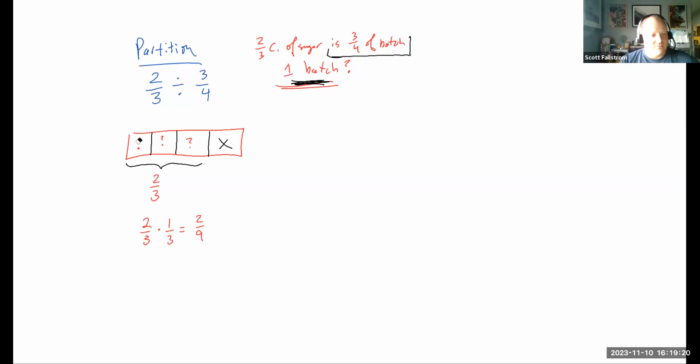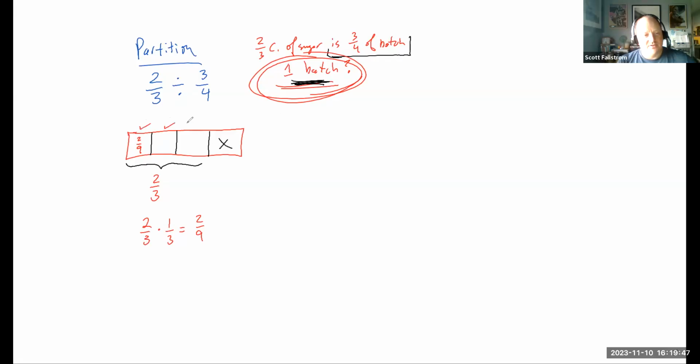Okay, now why is that so important? Because now I know how much is in each one of these boxes. I know there's 2/9 in each of the boxes. I could write 2/9, 2/9, 2/9, 2/9, and you could just add them repeatedly. But I want you to notice, how many boxes are there to make one whole batch?